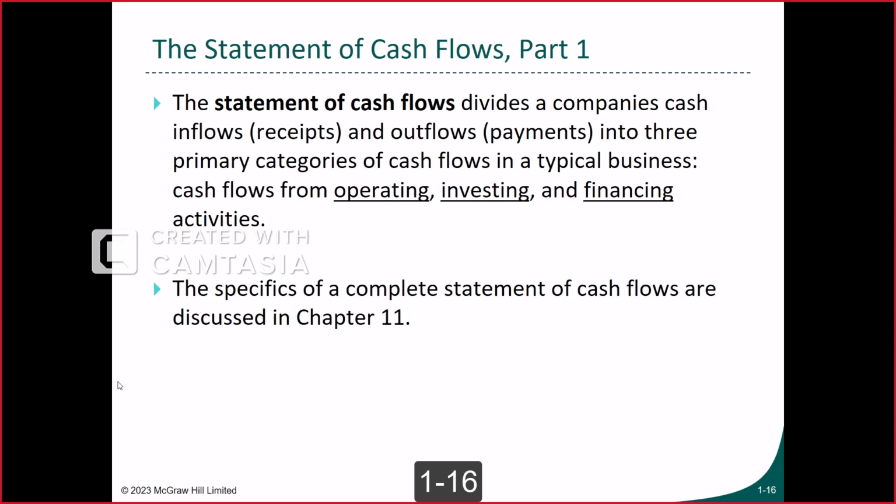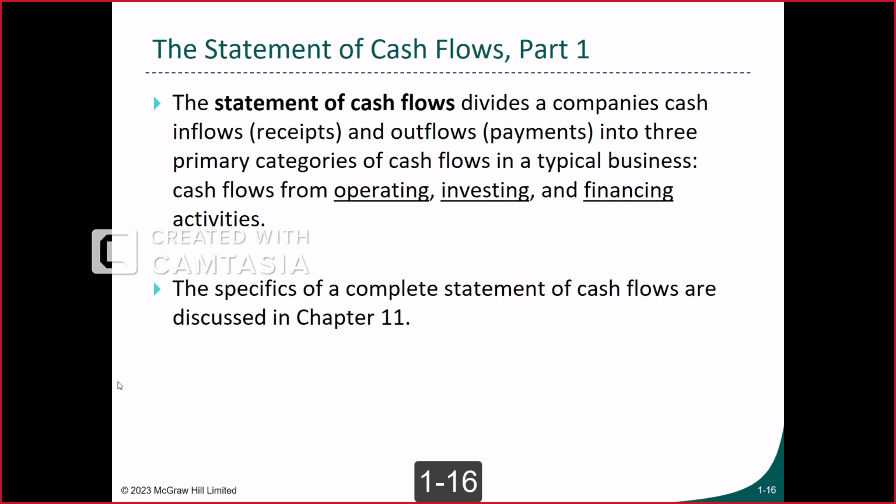That's why the statement of earning alone is not enough to measure the performance of the company. It should be completed with another measurement tool, which is the statement of cash flow, that will show the cash inflows minus the cash outflows. Statement of earning, revenues minus expenses. Cash flow statement, cash inflows minus cash outflows.